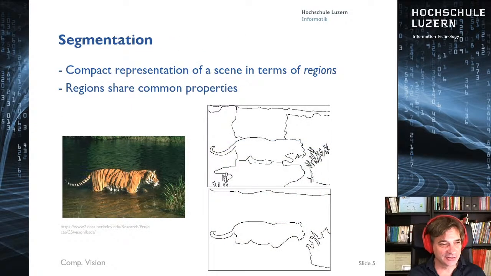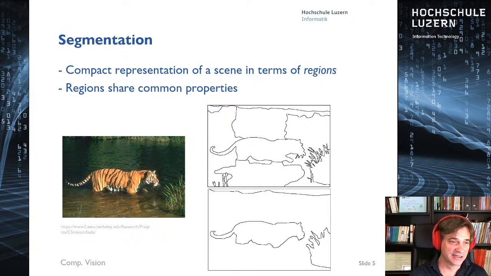But this is not always so easy, and it's also not so clear what the ground truth would be. These are two images from a Berkeley data set where they asked people to segment the image, and people responded differently. For one person, the segmentation is just the tiger, everything in water, and everything on the ground.